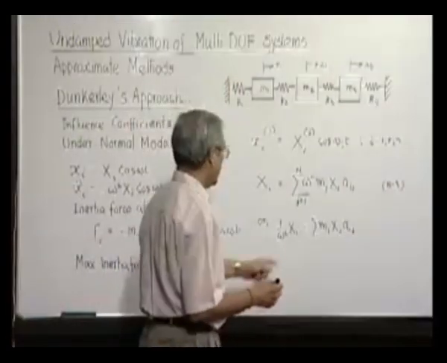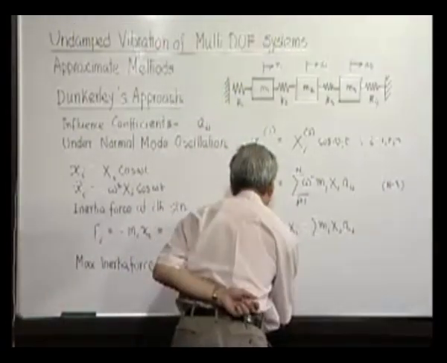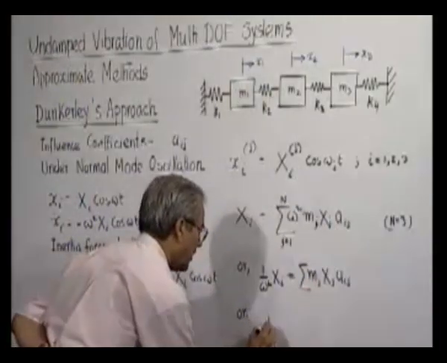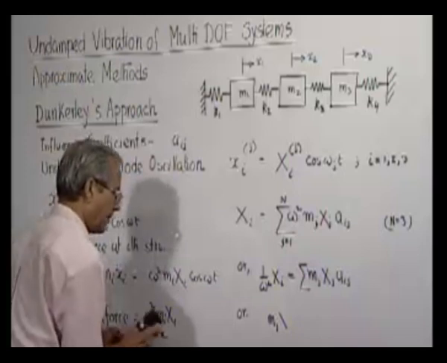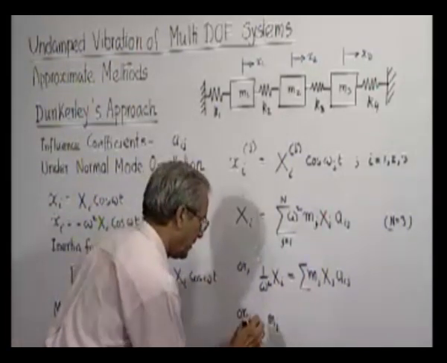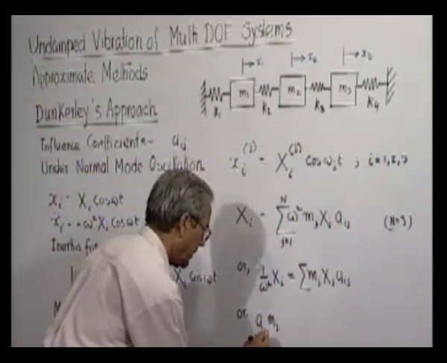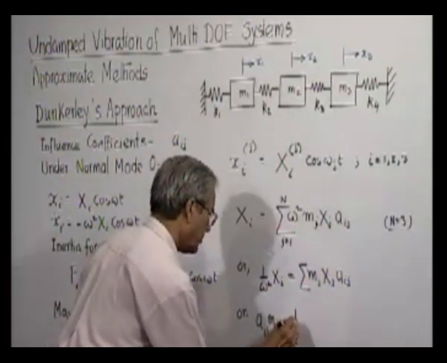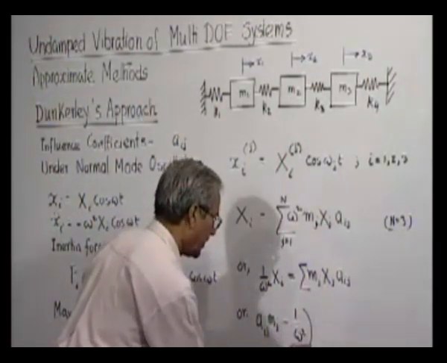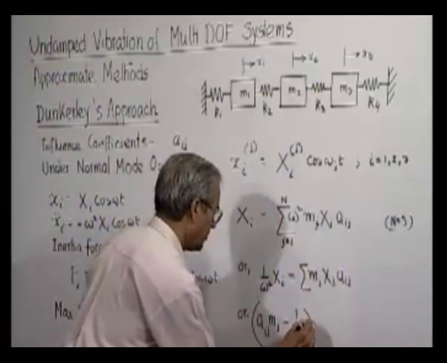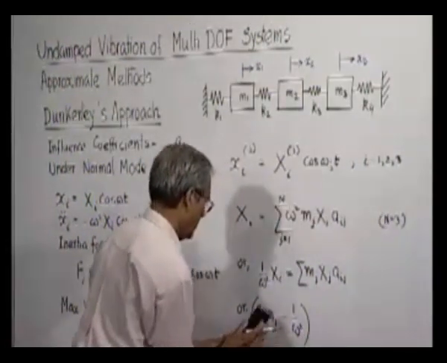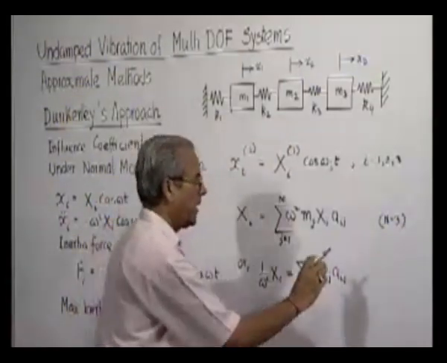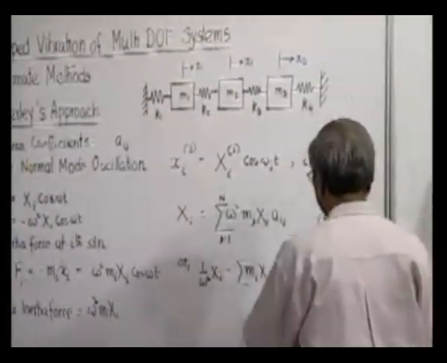So, the equations will be the sum of aij mj minus 1 by omega square, times Xj, equal to 0. I will expand it and write it here. So, for n equal to 1 to 3, what will be the equation in expanded form?